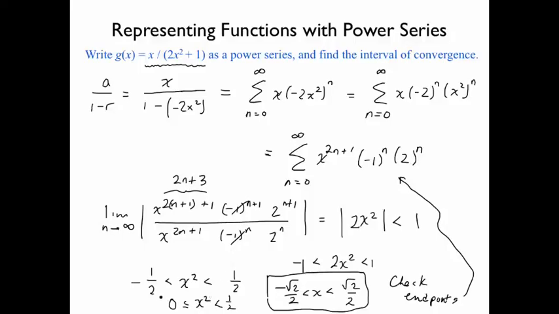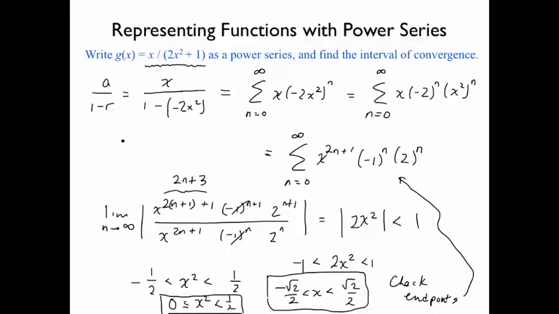I'm not taking the square root of negative 1/2. x squared is always going to be greater than or equal to 0. Okay? So this is the exact same thing as writing this, because I'm never going to get x squared to be negative.